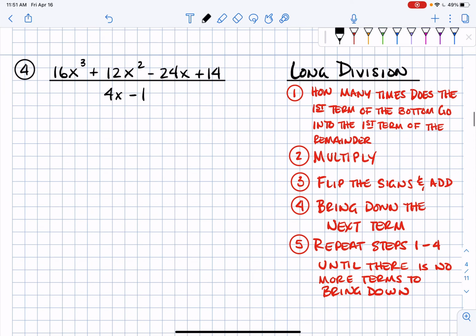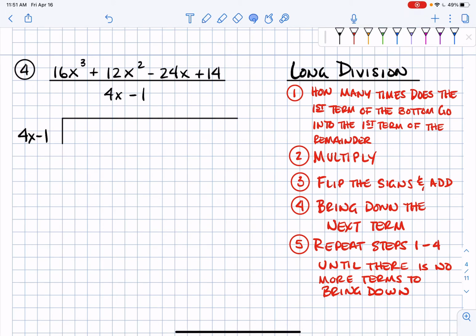Number 4, long division. Right? So, first thing you would do is write that 4x minus 1 out front. And then I have this division sign.